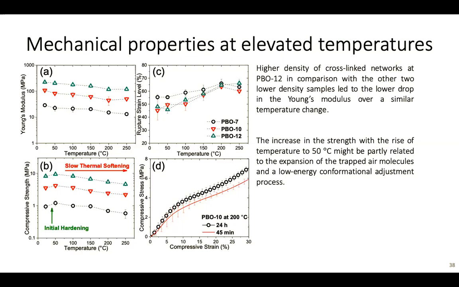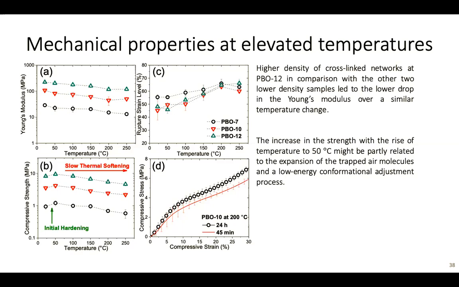The properties, including compressive strength over temperature, show that we have a slight stiffening, hardening in the compressive strength at 50 degrees. That might be related to air trapped inside the material.